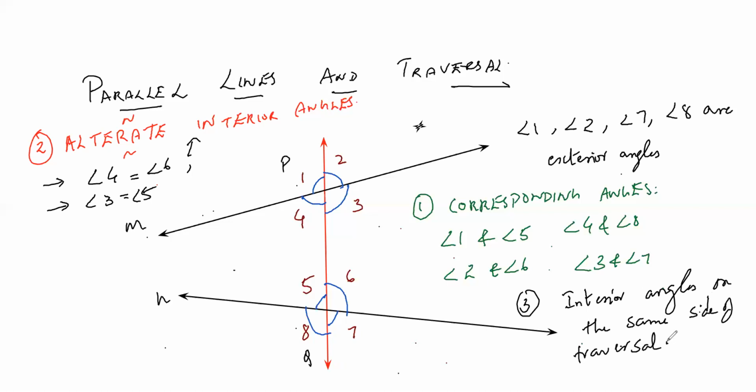Same side in the sense angle 4 and angle 5, comma, angle 3 and angle 6. So again, these are all equal. That's all.